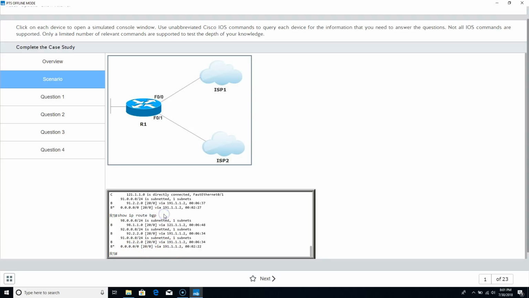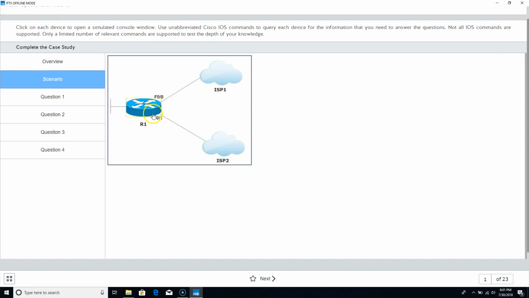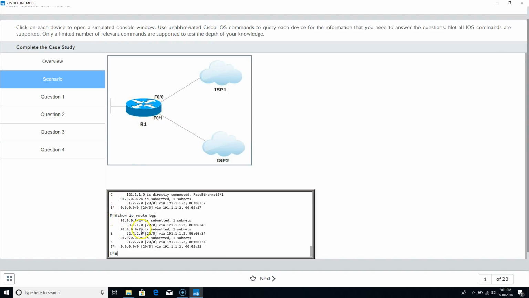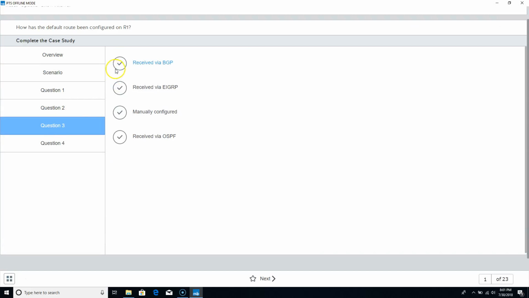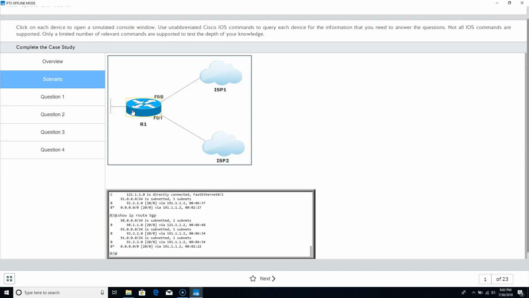So 191 is FA0/0. Okay, show IP route BGP. This is learned by BGP. You run a command called show IP route BGP.